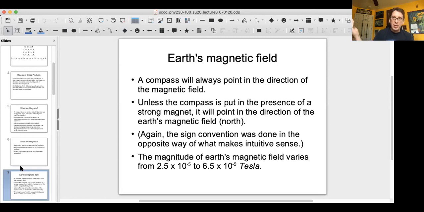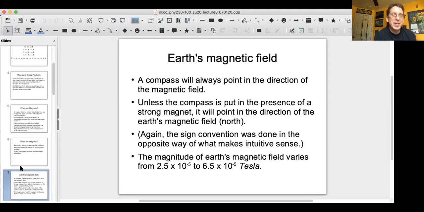There's a vertical component pointing up in the southern hemisphere and down in the northern hemisphere. So the vertical component of the magnetic field, or the Z component, is up in the southern hemisphere and down in the northern hemisphere. For the most part, the horizontal component is always going to be north, unless you're closer to the geographic poles than to the magnetic pole.